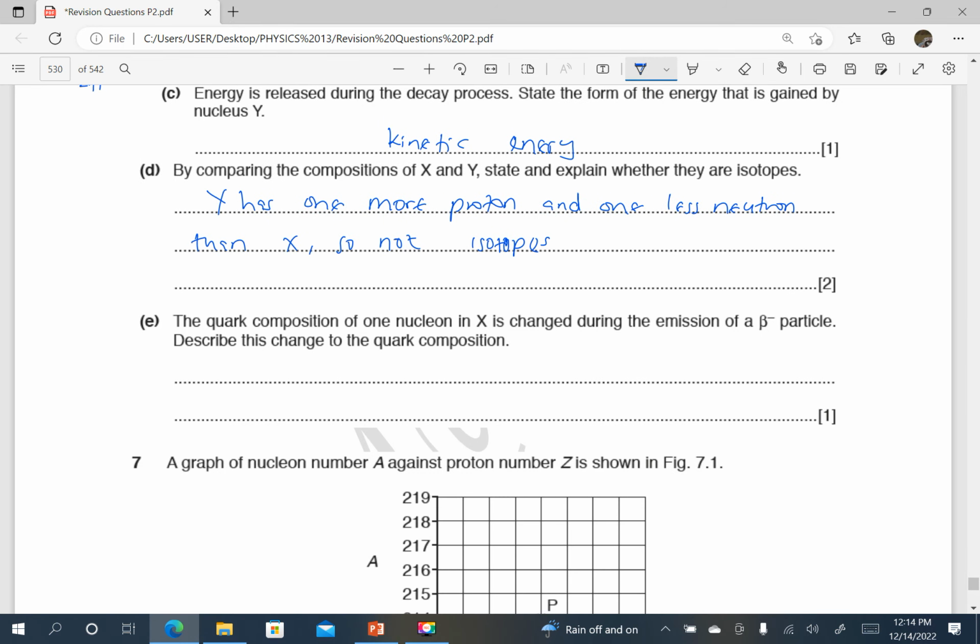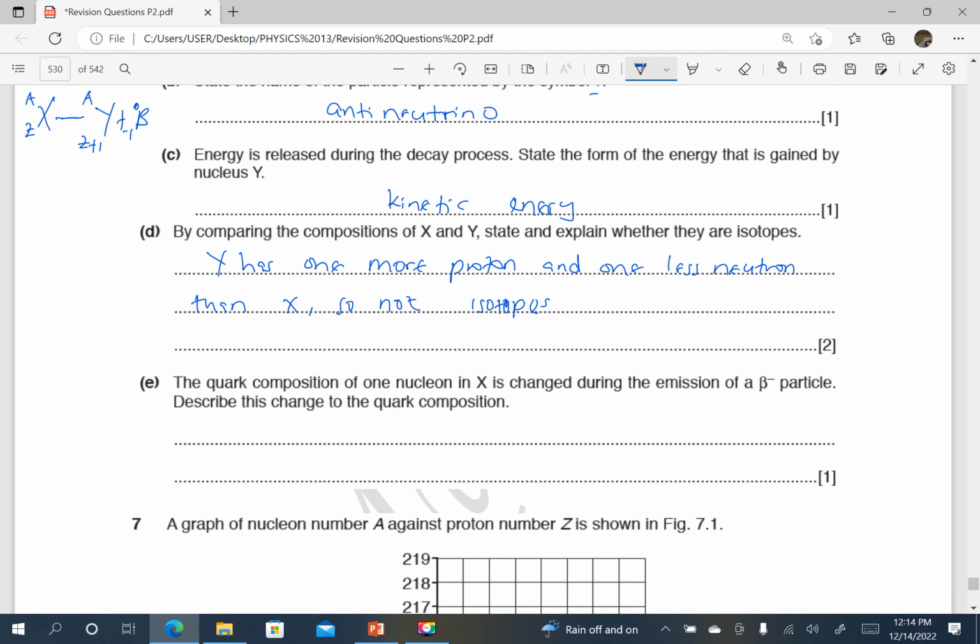The quark composition of one nucleon in X is changed during the emission of beta minus. Emitting beta minus, a neutron is changing into a proton. This is 1011 plus beta minus. Describe this change to the quark composition.